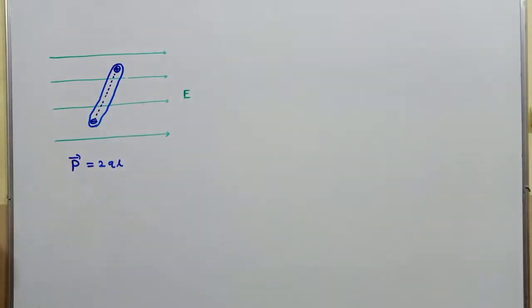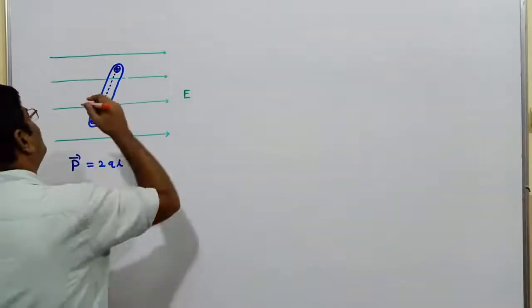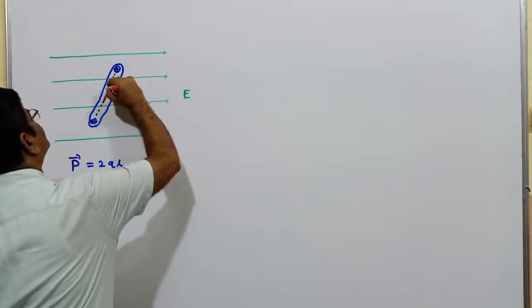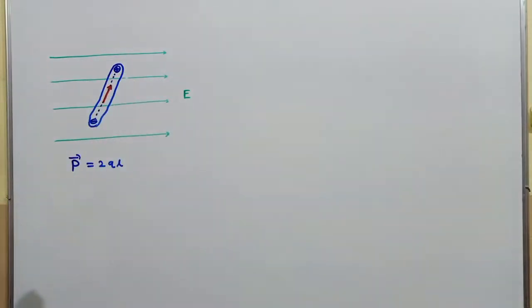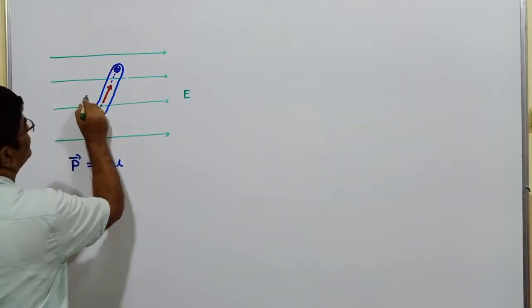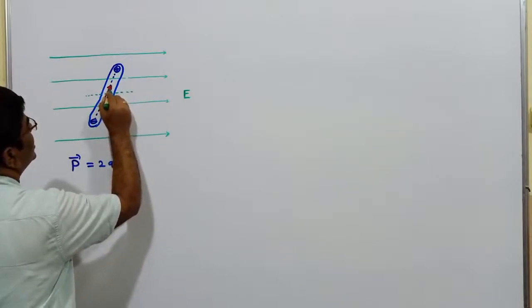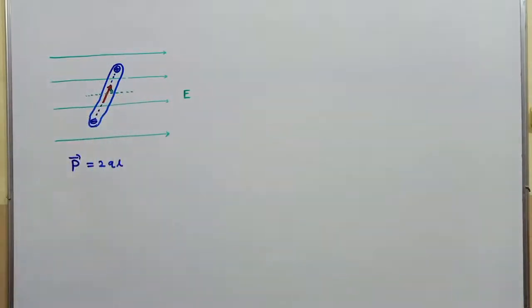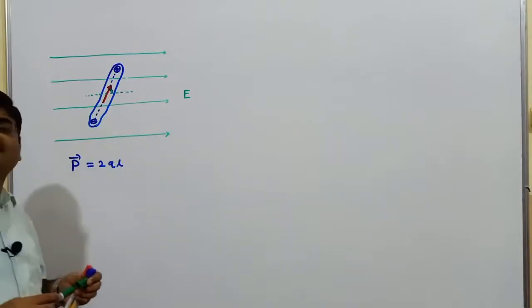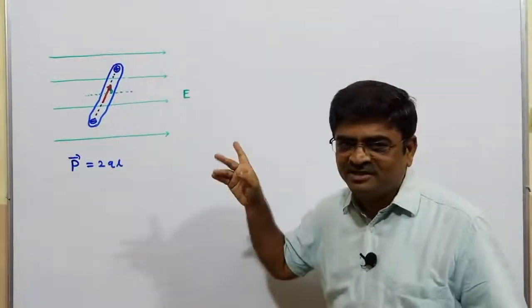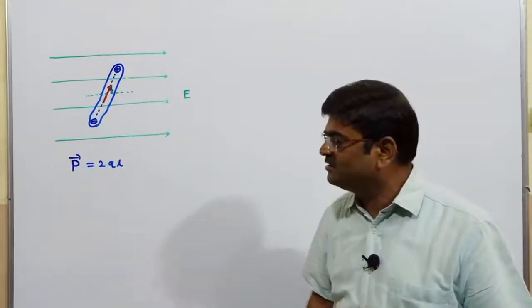So I have this dipole arranged in such a pattern that, the direction of dipole moment you are all aware of, the dipole moment is making some angle theta with the electric intensity. So I have arranged the dipole in that pattern in the electric field.